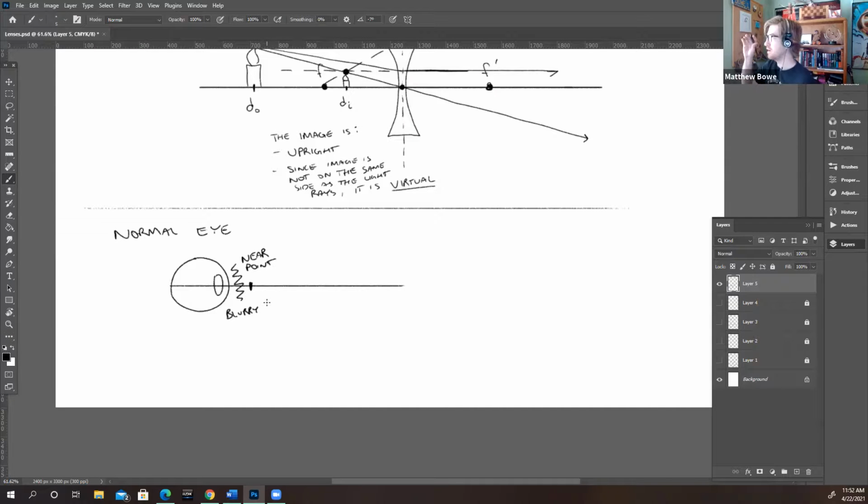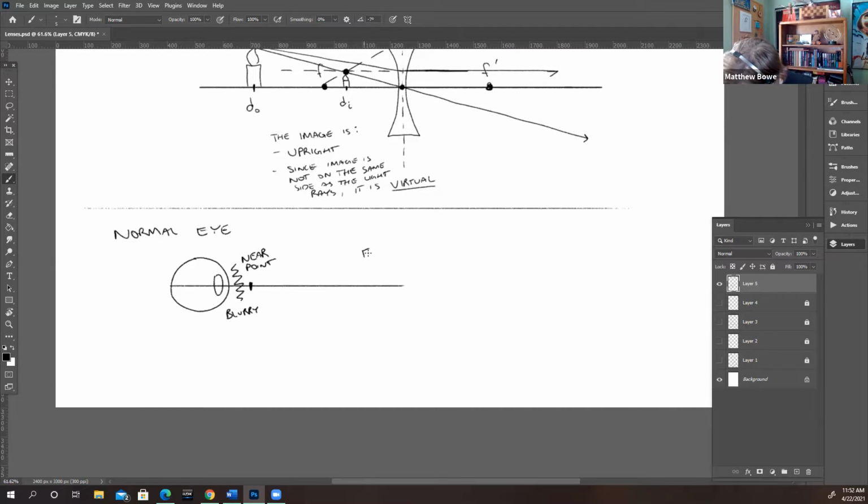Okay, and for a normal healthy eye, 20/20 vision, this eye can see pretty much infinitely far away, as far as it's able to see for the environment.